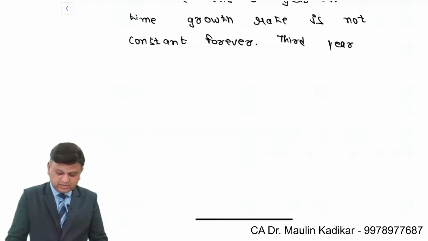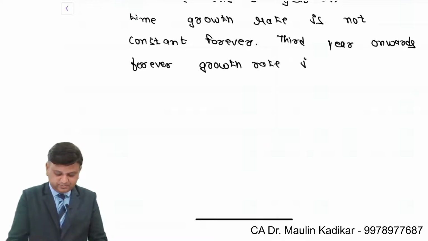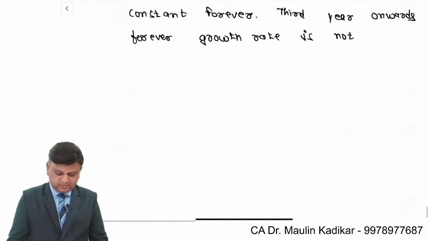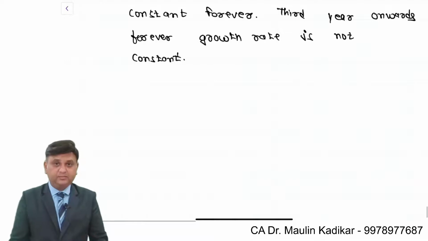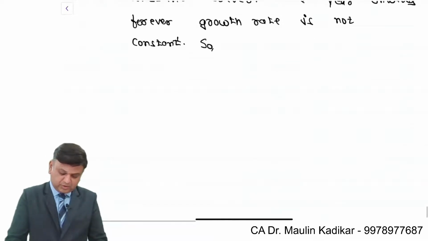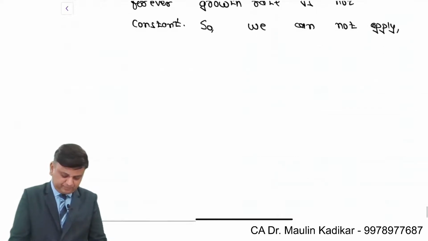Third year onwards, forever, the growth rate is not constant. So we cannot apply the following formula.